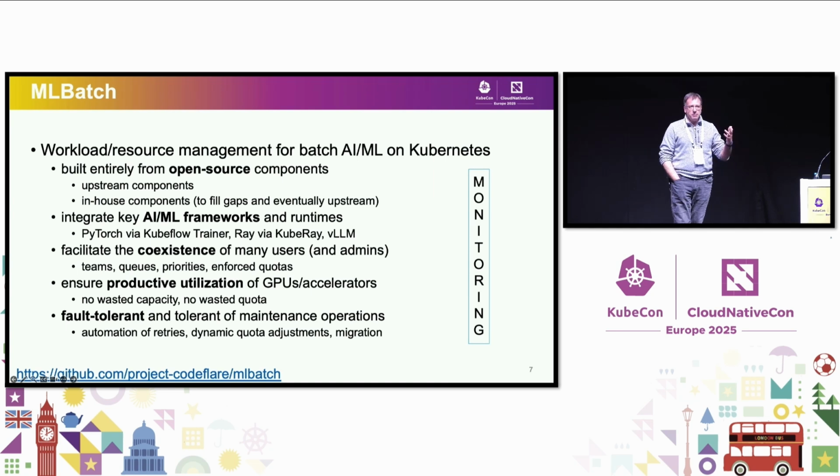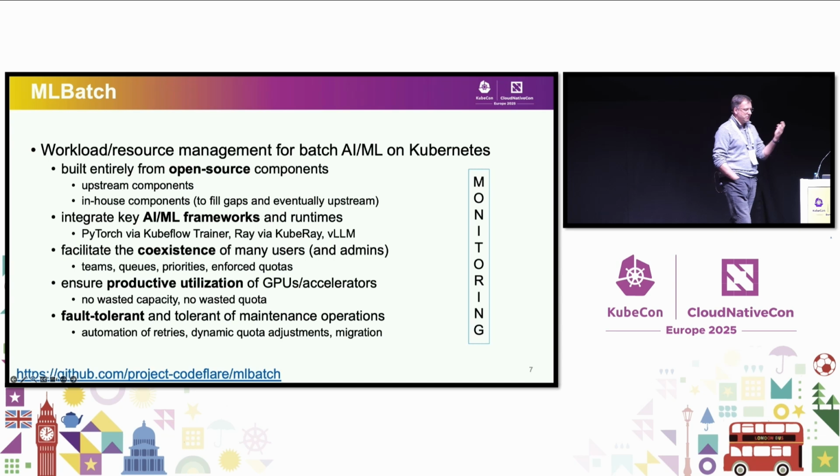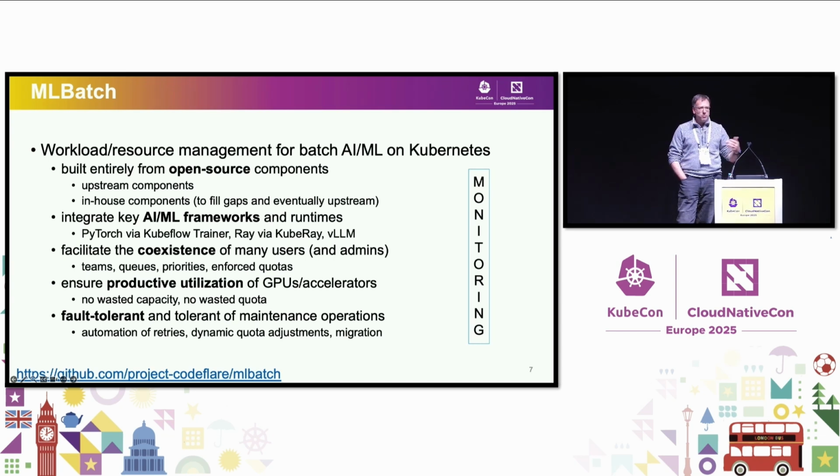It is about multi-users, right? Within an organization, how to manage having many users without conflict popping up every day between them. It is about productive utilization, because at the end of the day, we're paying a lot of money for these GPUs. They have to be running all the time, doing something useful all the time. And we insist on fault tolerance, and of course, to the side, you have monitoring, observability, and so on, that are always a critical piece of such an infrastructure.